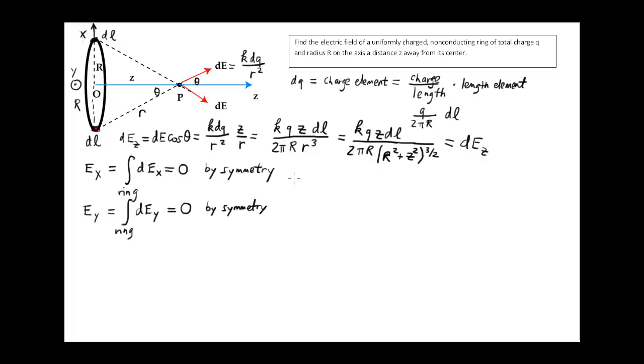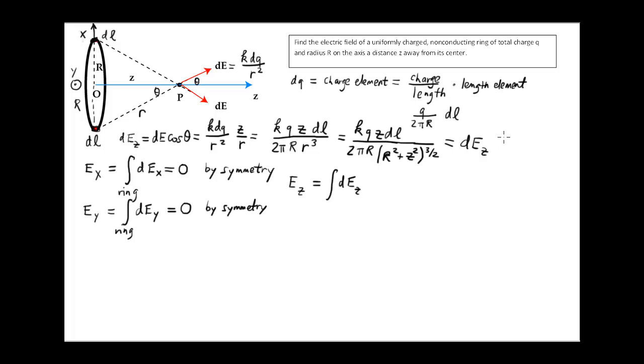So all that we need to do now is perform the integral for the z component, because we know this one does not give us 0. Look at the sketch again. If that's not clear, the reason this one doesn't give 0 is that the dE vectors for the length elements at the top and the bottom of the ring, and you can make the same argument for pieces on opposite sides of the ring all the way around, will always have differential electric field vectors that have positive z components, right?